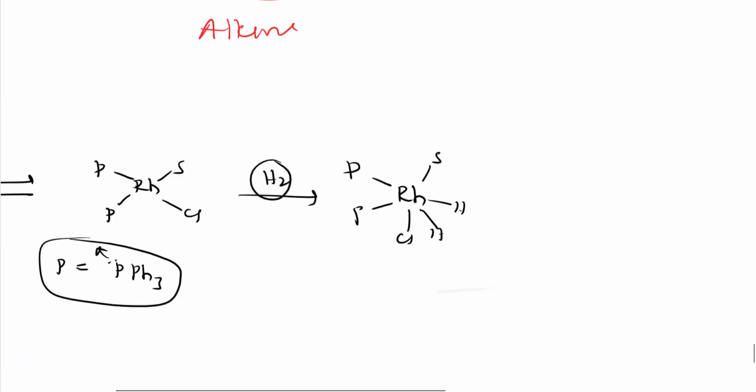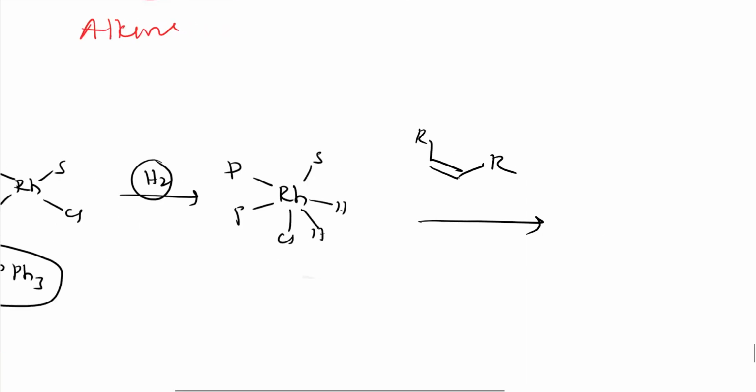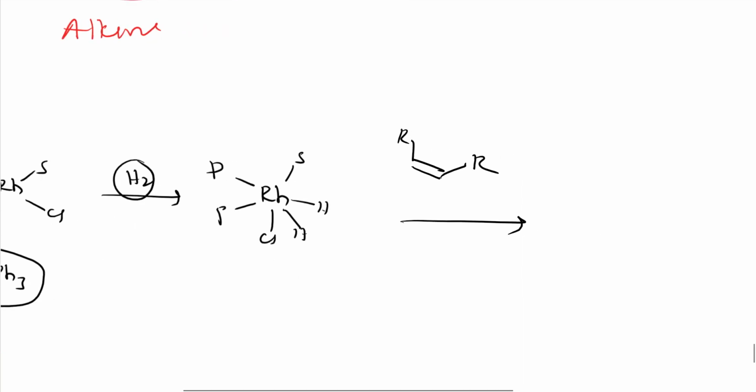Further, if I have an alkene like this, R CH double bond CH R, it will add to this rhodium. It will form a partial bond to this rhodium. Further what happens, see, from this it will attack, from this it will attack, like this.